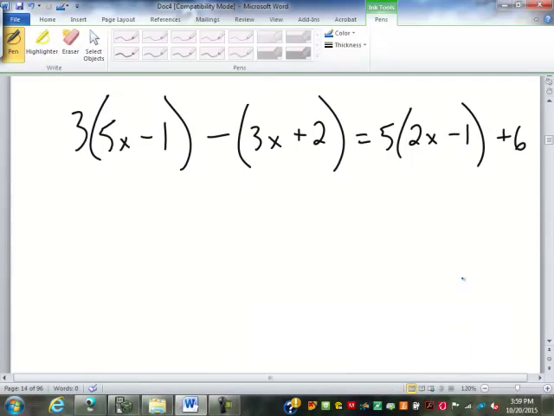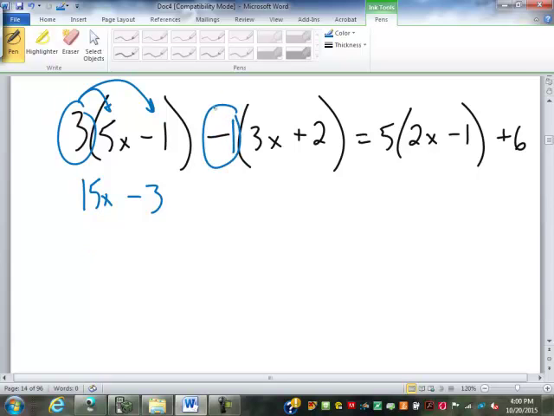Okay, so the trick here, the first one, of course, we got to distribute the 3. 3 times 5x is 15x. Then 3 times negative 1 is negative 3. It's this second set of parentheses on the left side that could be the problem. What do we have to remember to do there? Distribute the negative. We make that a negative 1, and we're going to distribute that through multiplying the parentheses by negative 1.